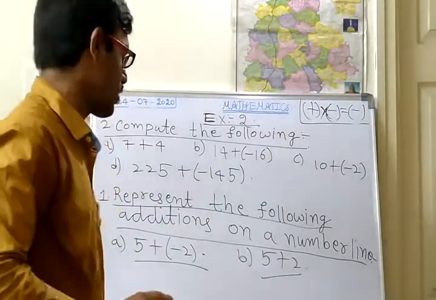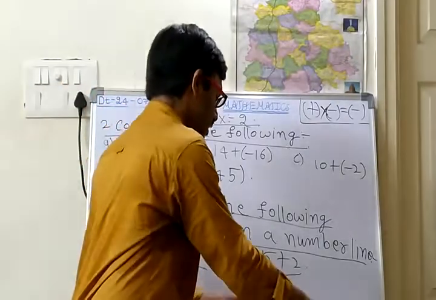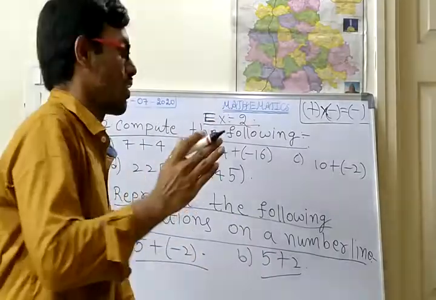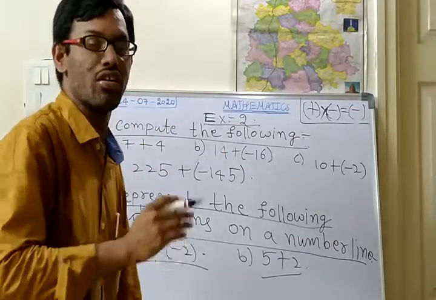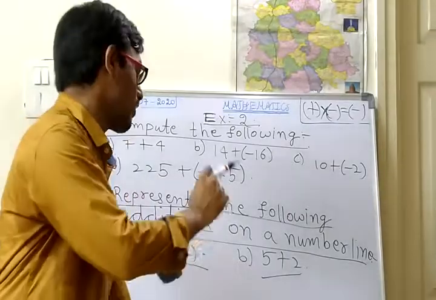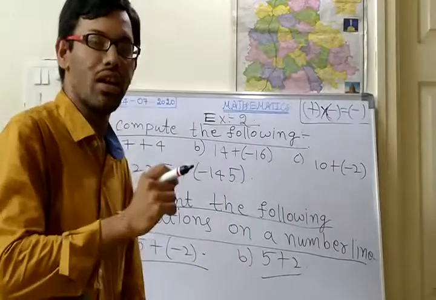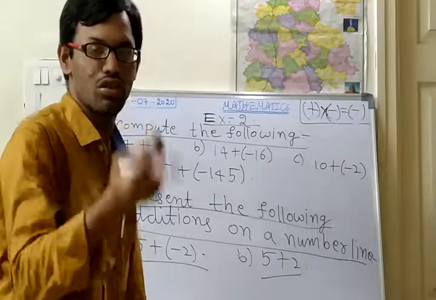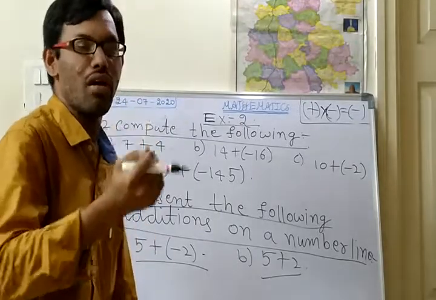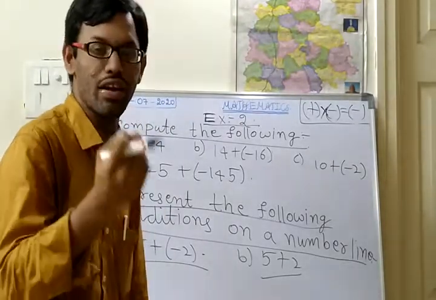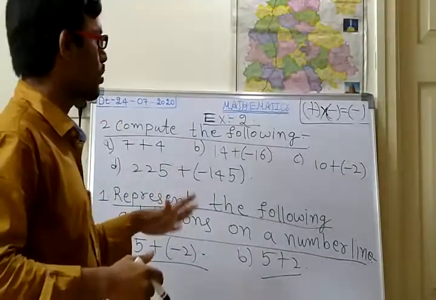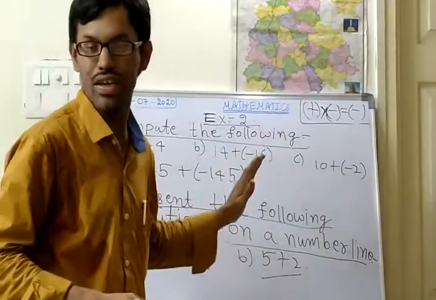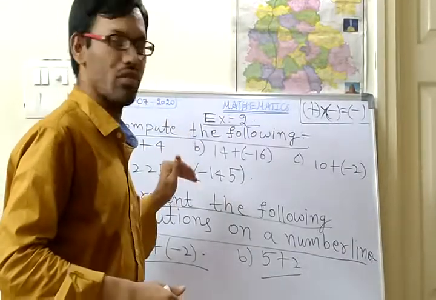Okay. So in the next class we shall see the subtraction of positive integers and subtraction of negative integers on the number line. Suppose any number is there, and if we subtract a positive number from it, what will happen, and if we subtract a negative number, what will happen, we shall see in the next class. I hope you have understood this class very easily, and there won't be any doubts.